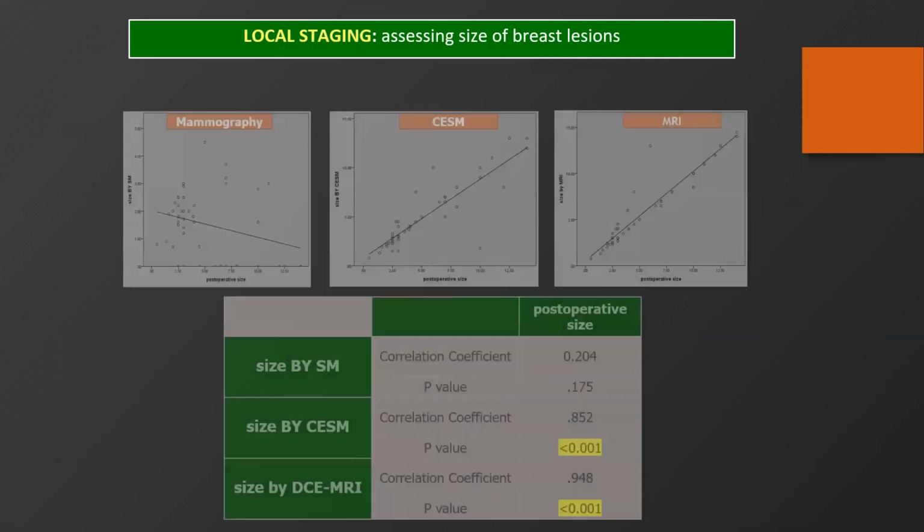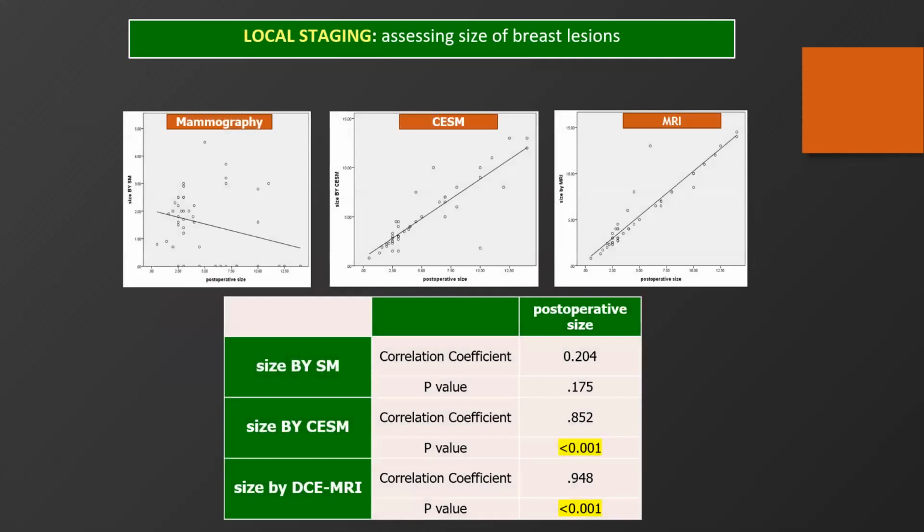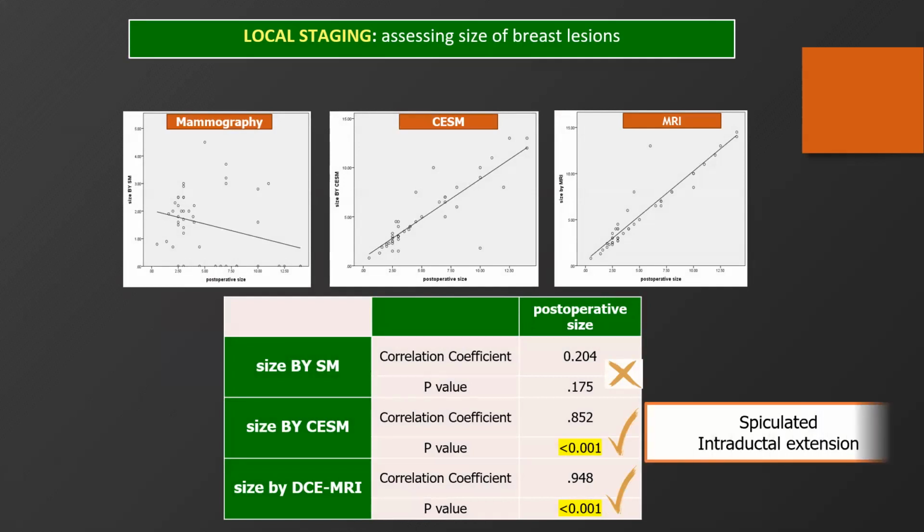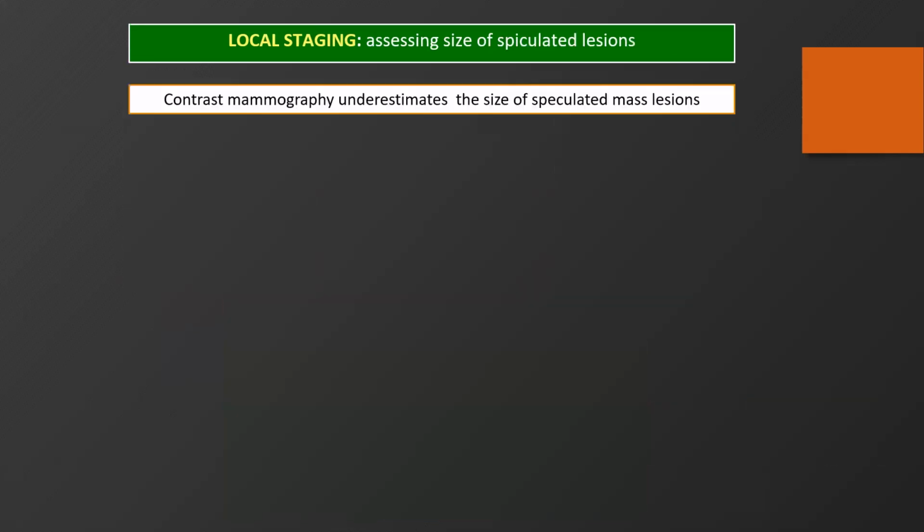In our department, we also performed a study comparing the size of the measured tumor in contrast mammography and MRI, and we found a significant correlation, but the results were slightly higher for MRI because of the presence of some spiculated mass lesions and lesions with intraductal extension, which might in some cases be underestimated in contrast-enhanced mammography.